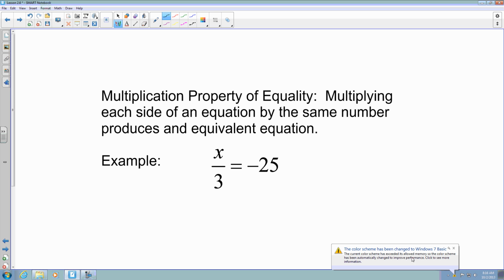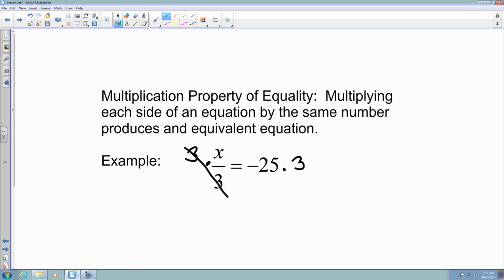The next one is the multiplication property of equality. When you multiply each side of an equation by the same number, it produces an equivalent equation. So if you're dividing a variable by a value, which in this case is x divided by 3, in order to cancel this out, you must multiply by its reciprocal, which is 3.